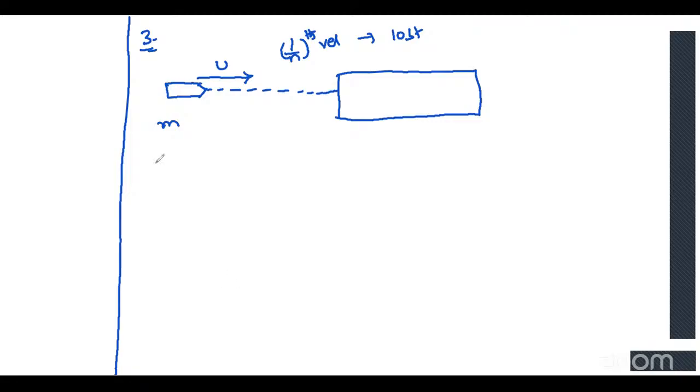Then we need to find the minimum number of planks to stop the bullet.